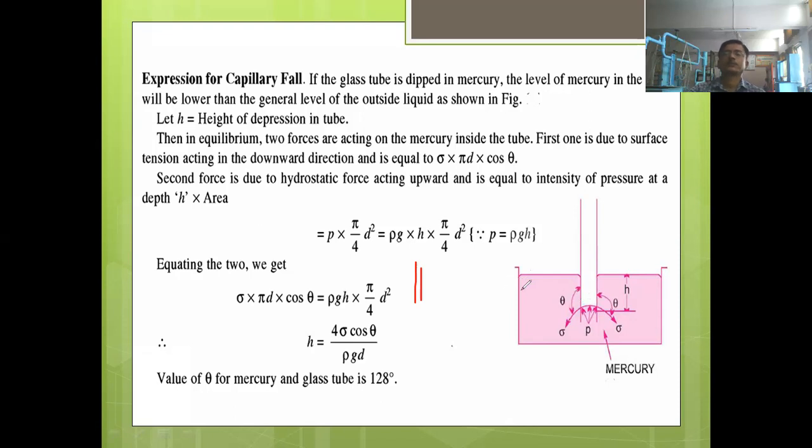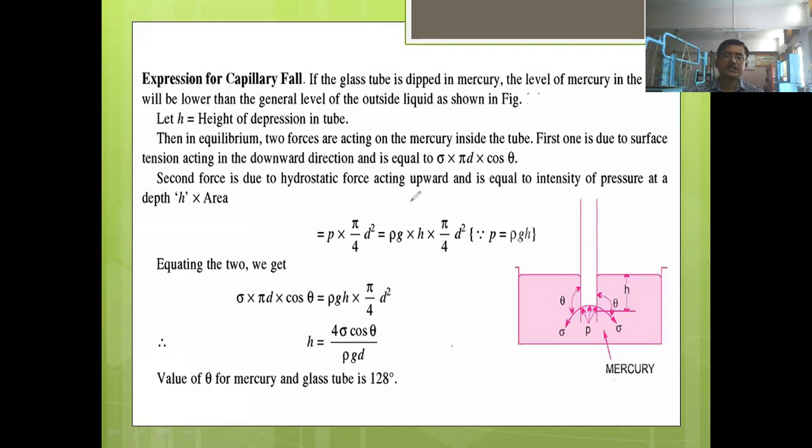Can anyone tell me what could be the reason behind this capillary depression? Any idea? Any wild guess?